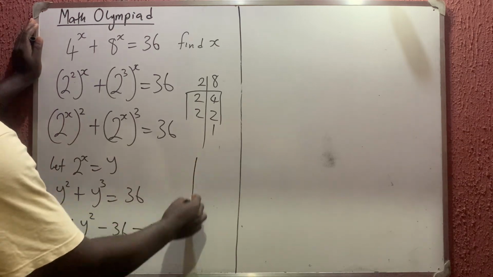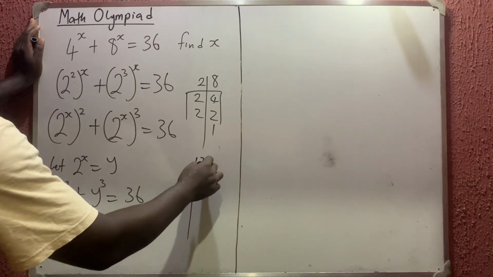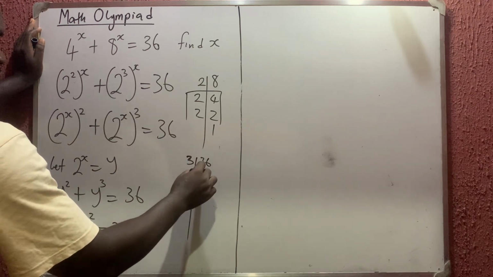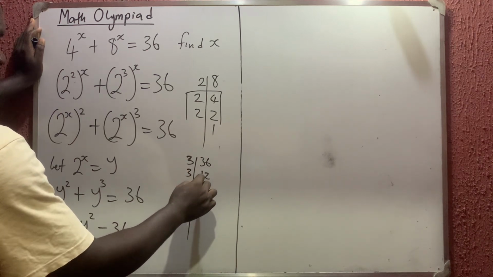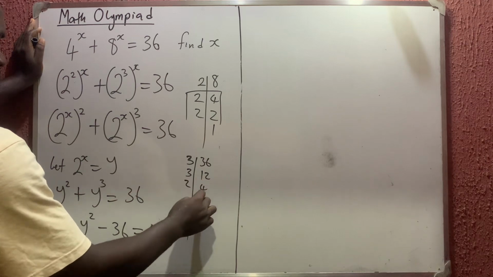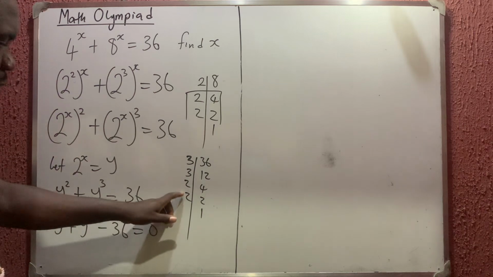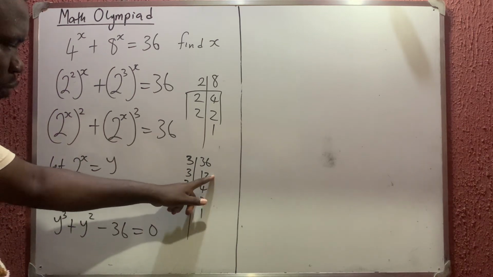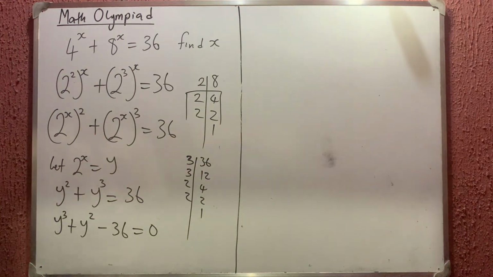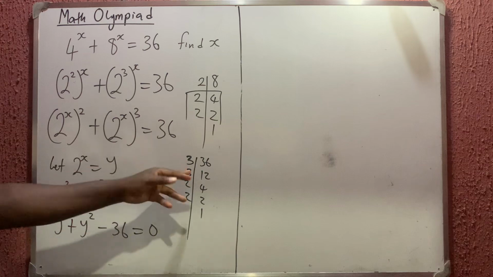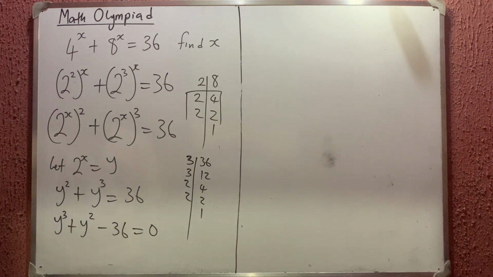Let me start with 3. 3 divides 36, I'm going to have 12, 3 divides 12, I'm going to have 4, 2 divides 4, 2 divides 2, 2 divides 1. So the factors of 36 are 1, 2, 3, 4, 12, 36. We have negatives as well, so we can have the negative of all these.